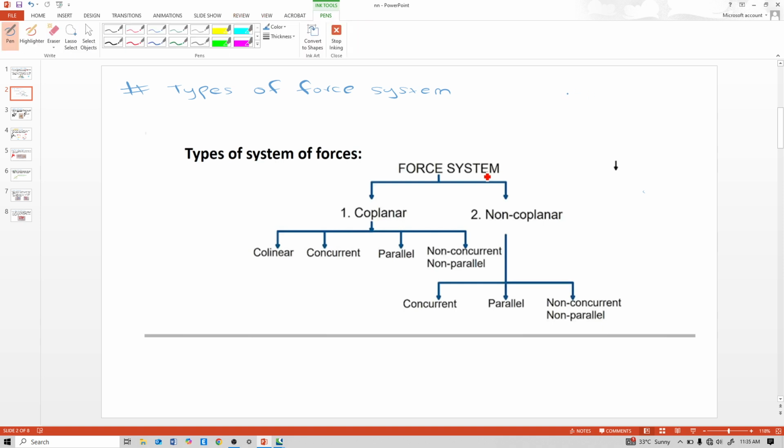See, the x plane, y plane, and z plane are there. So if my forces are like this, this is parallel, this is parallel, this is also parallel. See here, parallel forces like this, but they are in the xy plane also. Two forces are in the xy plane and two forces are in the yz plane. So that's why they are a non-coplanar parallel force system.